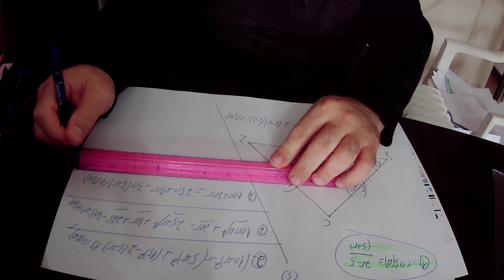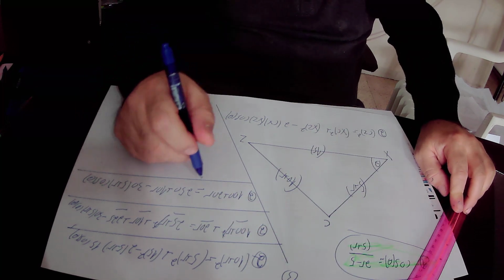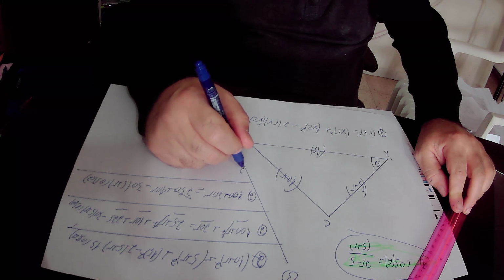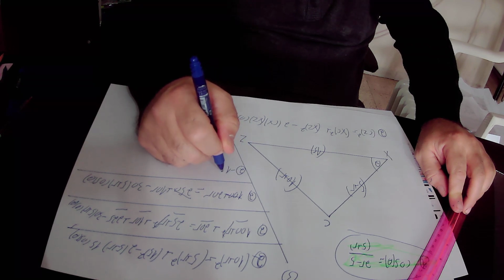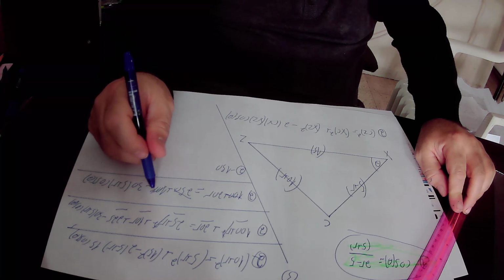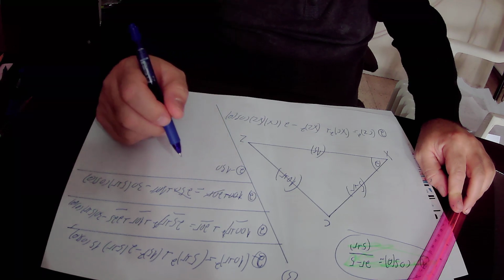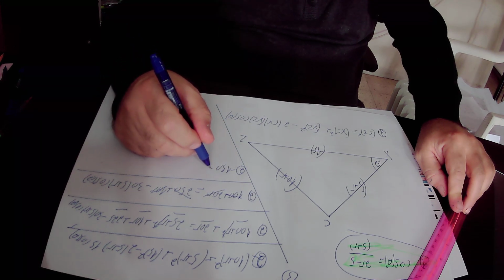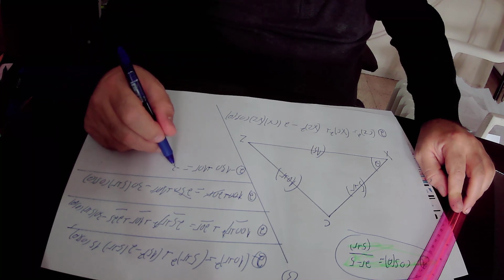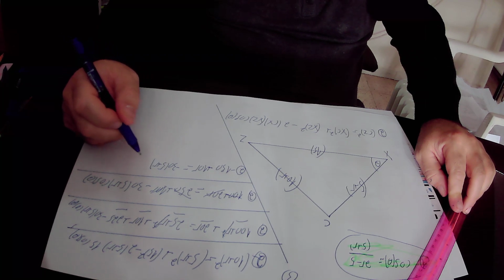We will subtract 250 from equation number 2, and 100 minus 250 is minus 150. We will subtract 10r from equation number 2, and we get that 20r minus 10r is 10r, and it is equal to minus 30 times 5 plus r times cosine theta.